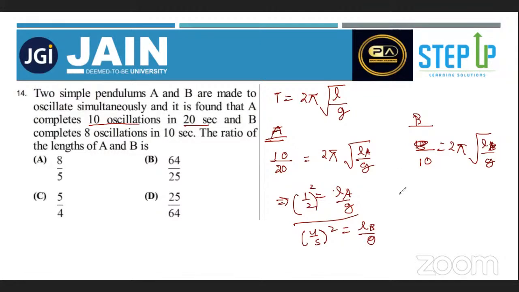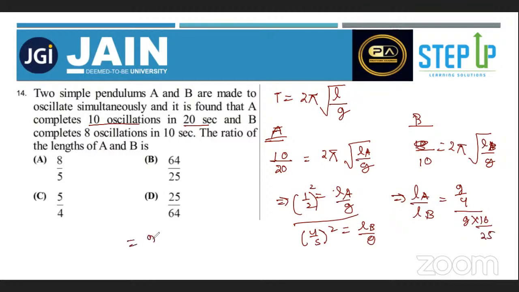I have to find out the ratio of LA to LB. LA is nothing but G by 4, and LB is nothing but G times 16 upon 25.